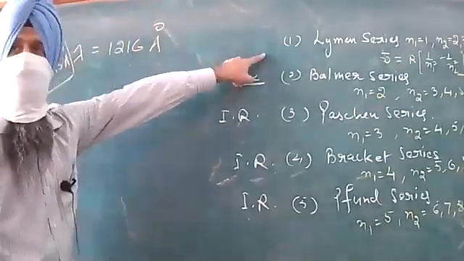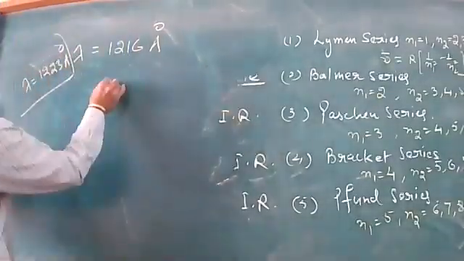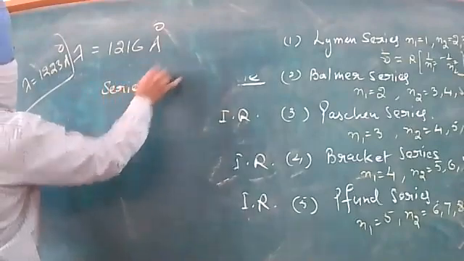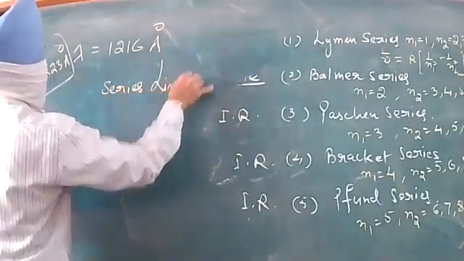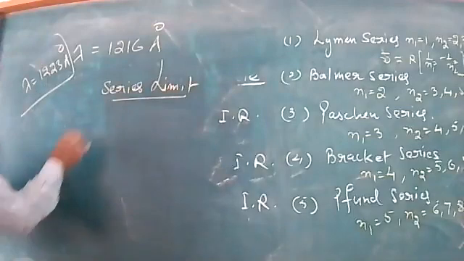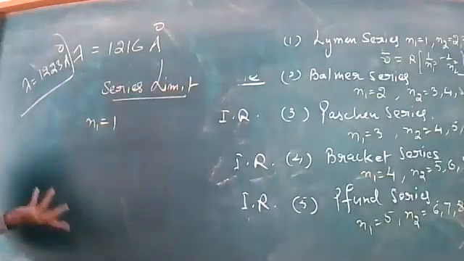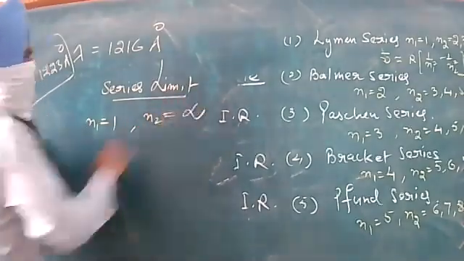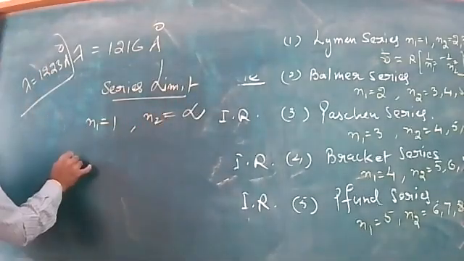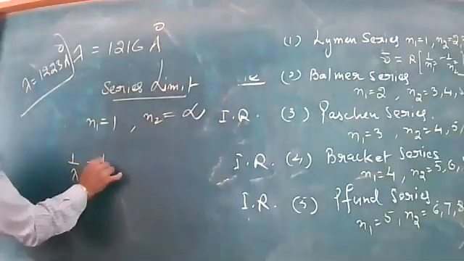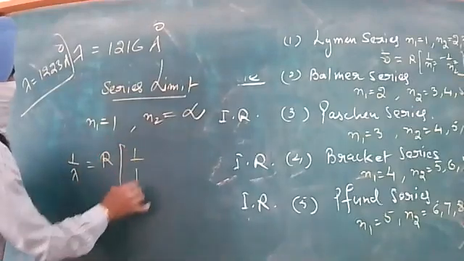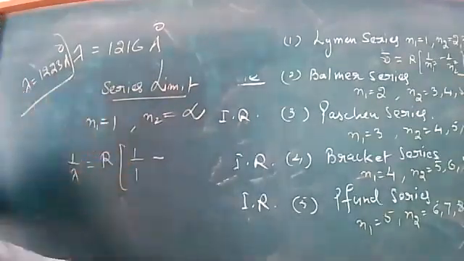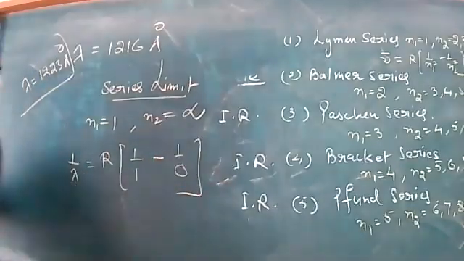I am again picking the Lyman series. Let us calculate the series limit. In series limit, n1 will not change, it will remain 1. n2 will become infinite. So 1/λ equals R into 1/1, 1 squared remains 1, and the other term results into 0.